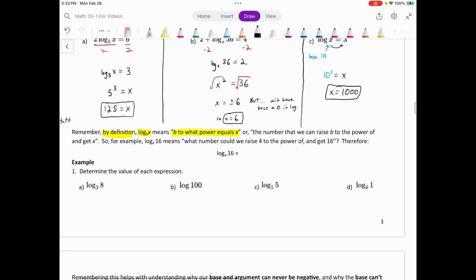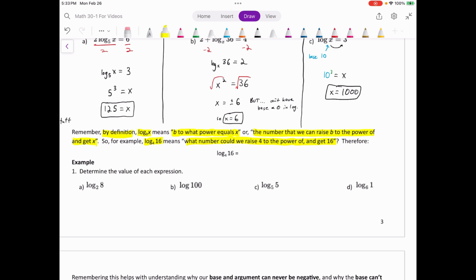It's essentially saying the number that we can raise b to the power of and get an answer of x. So for example, log base 4 of 16 is equal to something, right? It's saying what number could we raise 4 to the power of and get an answer of 16?